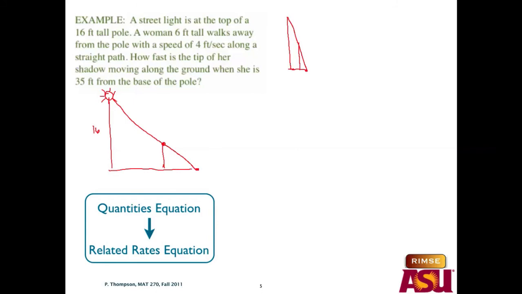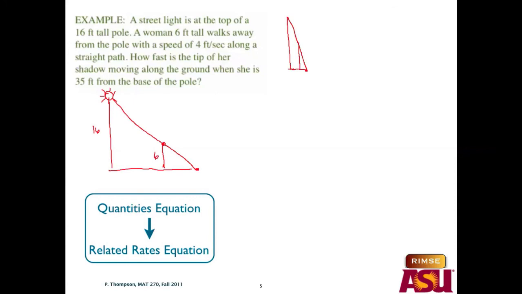Her shadow length is growing faster than she's walking. So if she's 6 feet tall and the pole is 16 feet tall, we want to know how fast the shadow is moving along the ground if I know how fast she's moving along the ground. And they're both going the same direction.